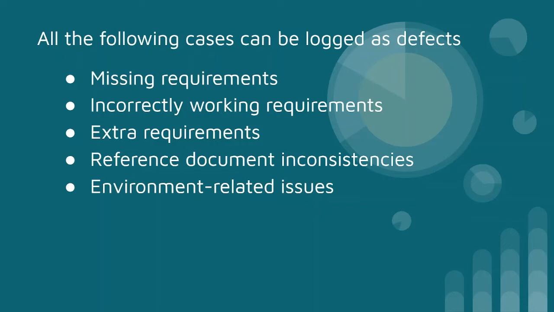For example, testing on the QA environment gives a different result than on staging or the UA testing bed. This is because of some environment-related issue, and those can also be added as defects.